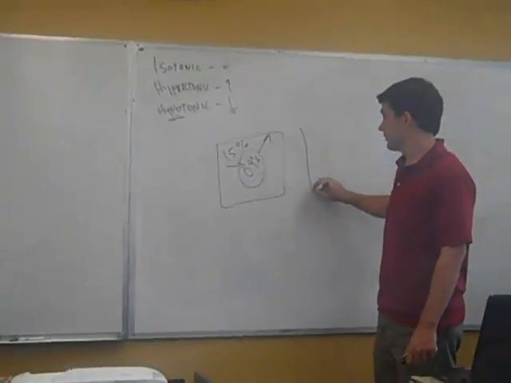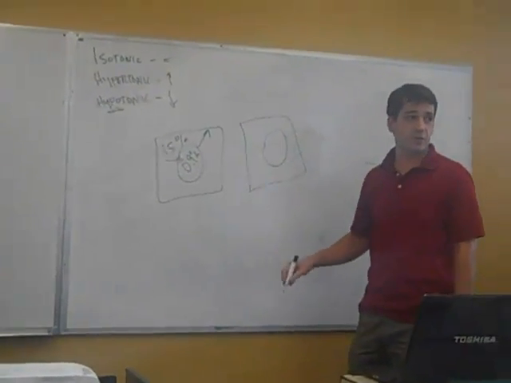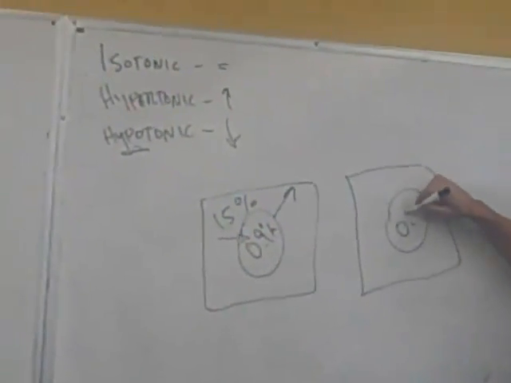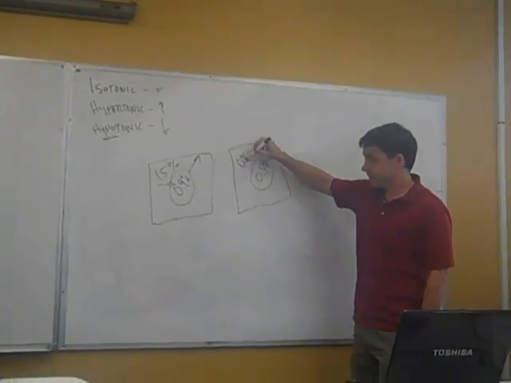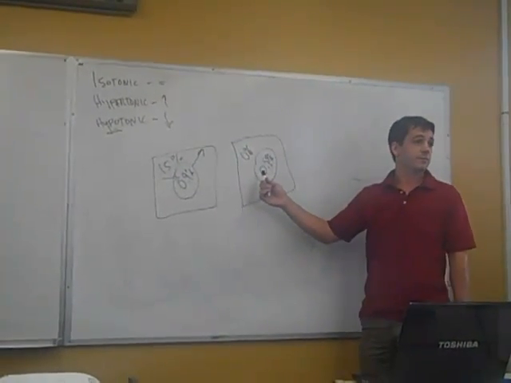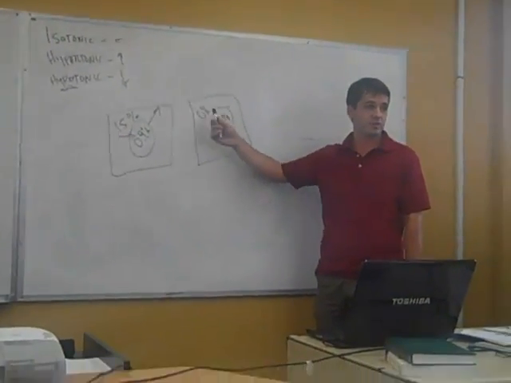All right? So let's do a hypotonic one. Arturo, what's going to happen to the egg in here? I mean the cell, I said egg. If this is 0.9% salt concentration, this is 0%.